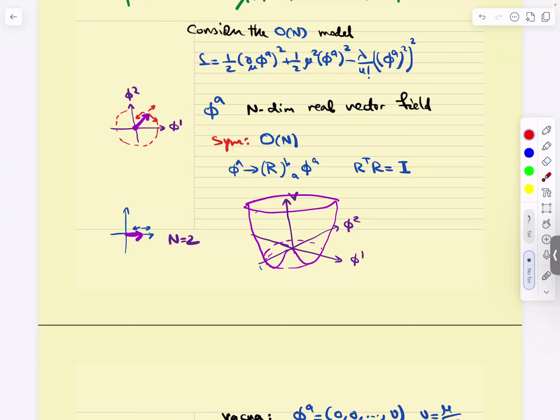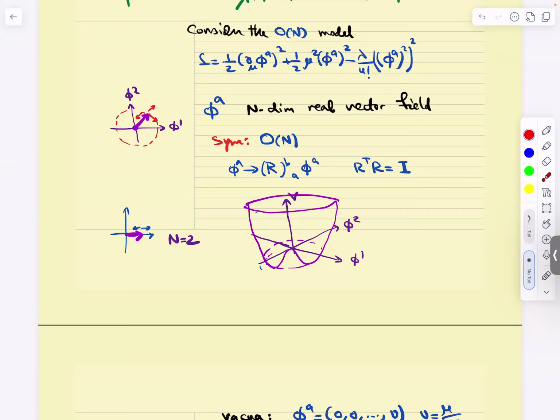So I'm going to get μ² φ, φ times μ² minus λ over 6 — no, 4 factorial is 24, so 12? Yeah, 12. φ² is equal to 0.